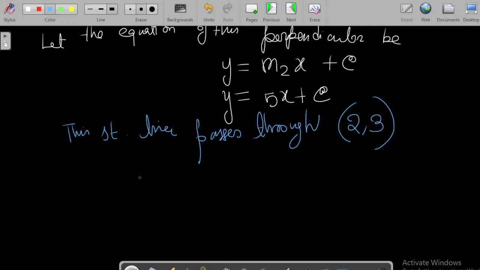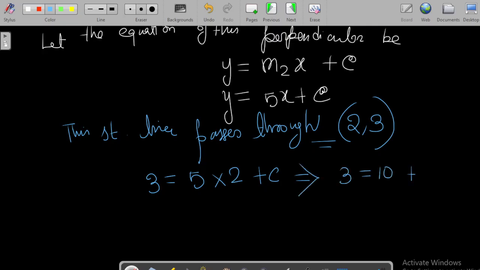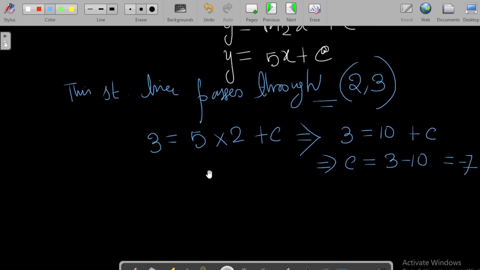So replacing the abscissa and the ordinate of this point with x and y, we get 3 equals 5 into 2, the abscissa, plus c. This gives 3 equals 10 plus c. This gives c equals 3 minus 10 equals minus 7. So the value of c is minus 7.